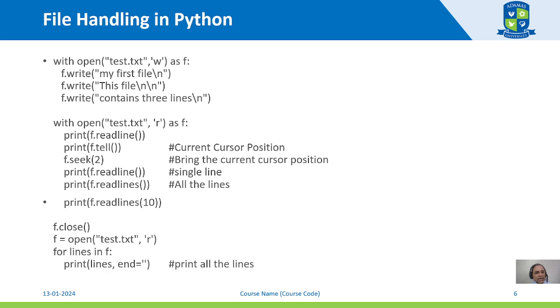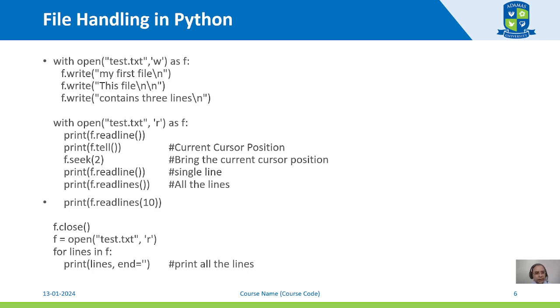So if we write "my first line\n", the \n will give the new line character. So it will go to the second line. From the second line this file will be written, and then a two line gap, because two backslash n has been given, then "contains 3 lines".